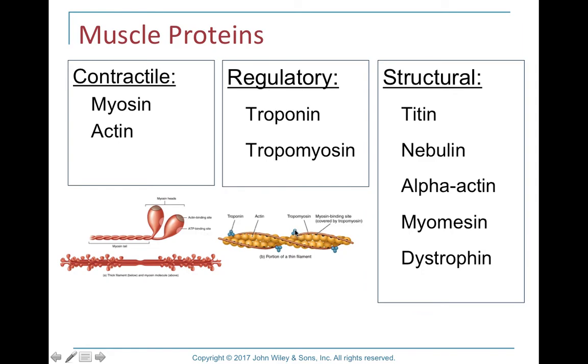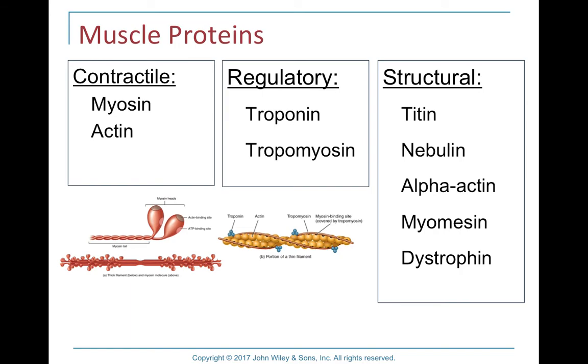So the thin filament you see here, this thin filament of actin, has a myosin binding site. Right now it is covered by one of the regulatory proteins, tropomyosin.